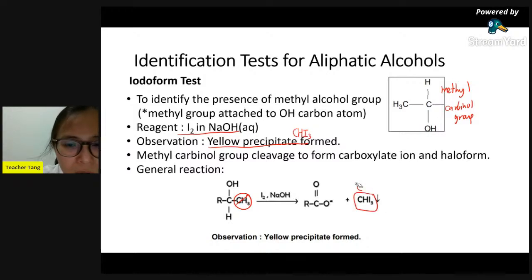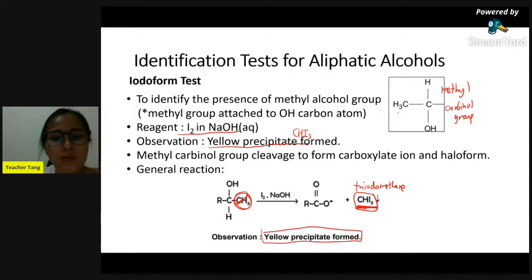The methyl group of your methyl carbinol group will leave, giving you CHI3. And this CHI3, triiodomethane or iodoform, is the one that gives you the yellow precipitate.